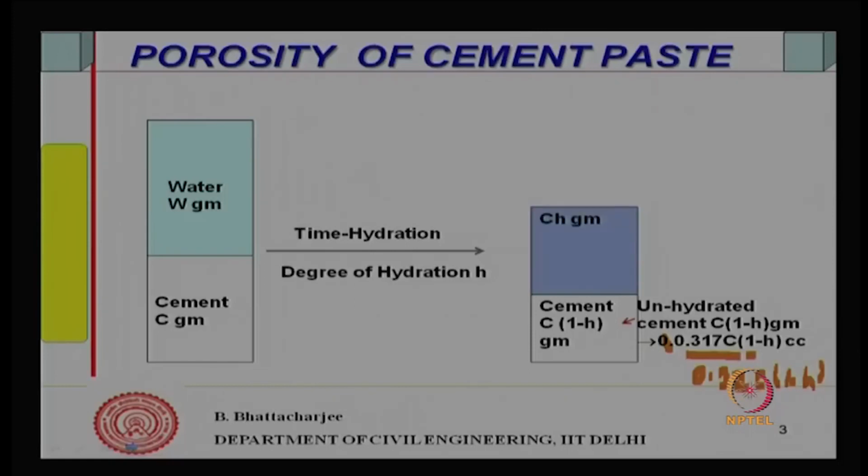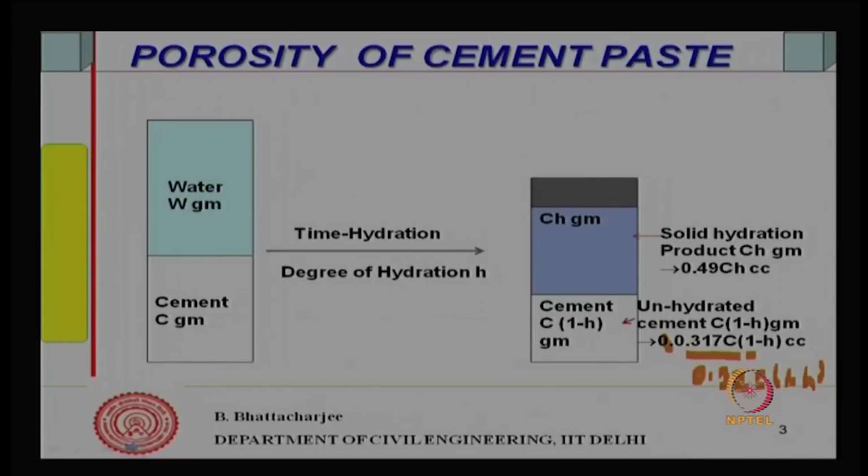CH is the mass of the cement that has reacted, because H is the degree of hydration, the fraction of cement that has reacted. The volume of hydration product from CH grams is 0.49 CH cc.